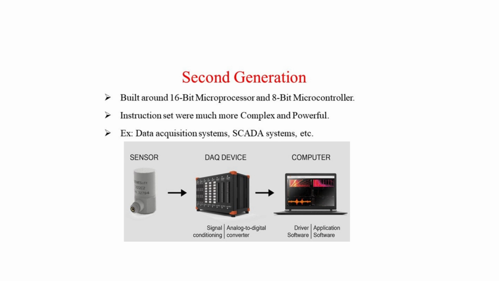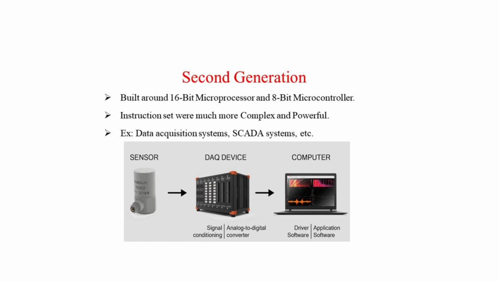That means we have more instructions here, and the instructions are a little complex to understand, but it has very advanced features. Some of the second generation embedded systems contained embedded operating systems also in their operation. Examples of second generation embedded systems include data acquisition systems and SCADA systems. SCADA systems are based on power electronics applications.